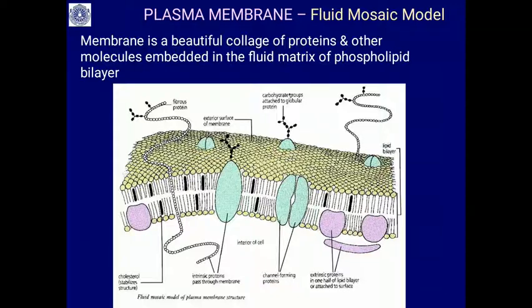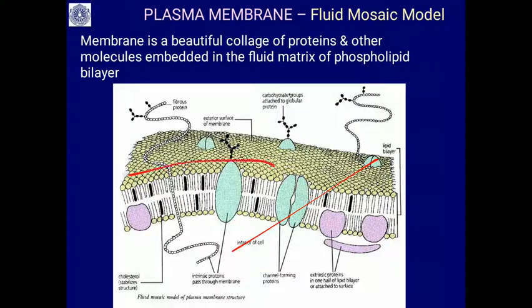So, dear students, the membrane is a very beautiful collage of proteins and other molecules embedded in the fluid matrix of the phospholipid bilayer. This is the fluid mosaic model given by Singer and Nicolson.